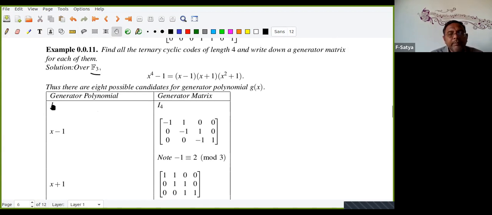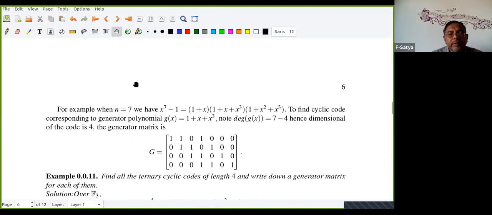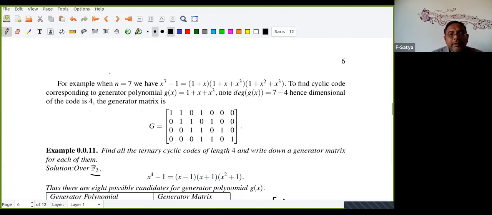If I take 1, then what is the degree of G(x)? This is my G(x). Degree is 0, right? Now, what is the cyclic code, and what is its dimension? See, the degree of G(x) is n minus k.